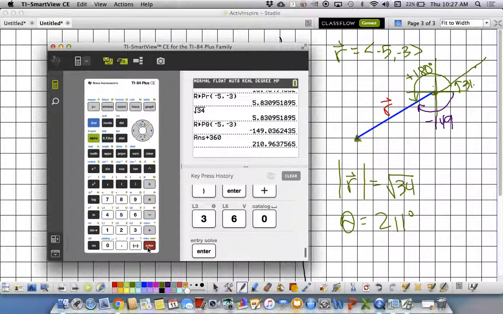What do we call those angles? Which angle? This angle right here.